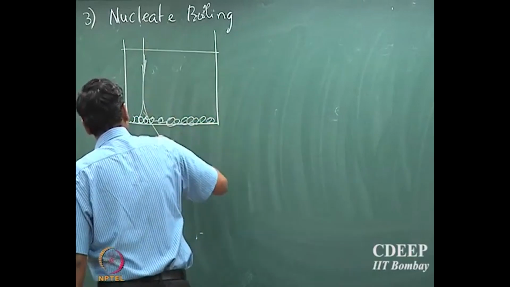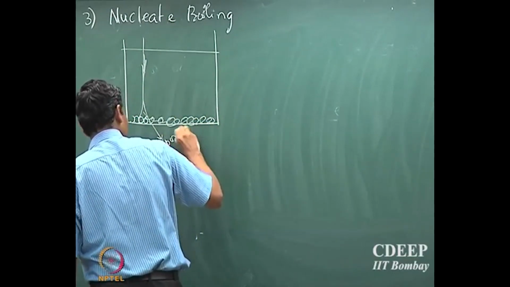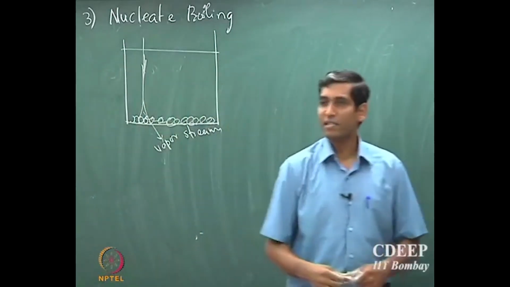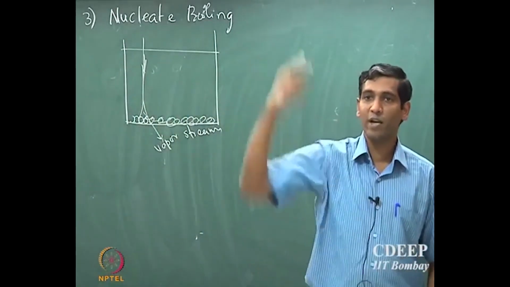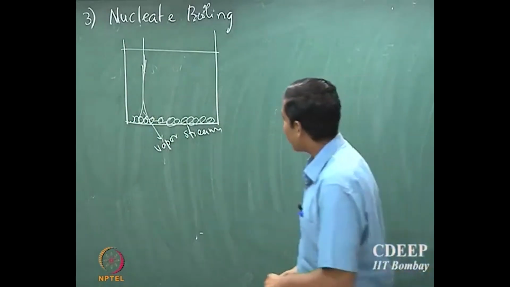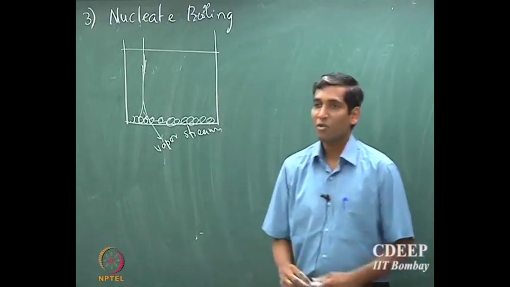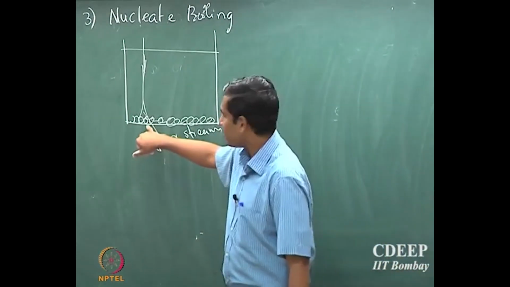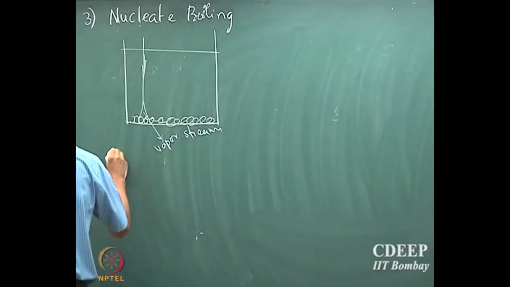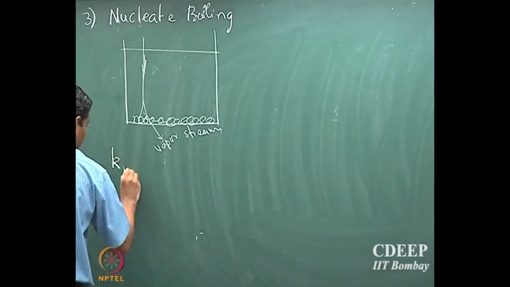So these are the vapor streams. You will start seeing vapor streams going together. So a channel of vapor is created, and the heat transport is now because of the heat carried by the vapor phase. So there will be a change in the dominant mode of heat transport.